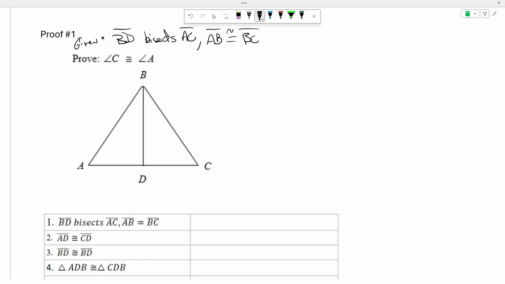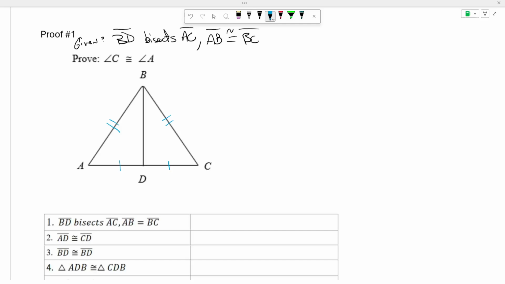Anytime we have information like this, I always like to mark on my triangles exactly what has been given to me. So I have here that BD bisects AC. So I know that this piece and this piece are going to be congruent, and we will get to that later in the proof. And then it tells me here that AB and BC are congruent. That was given, so I have these pieces here go together.